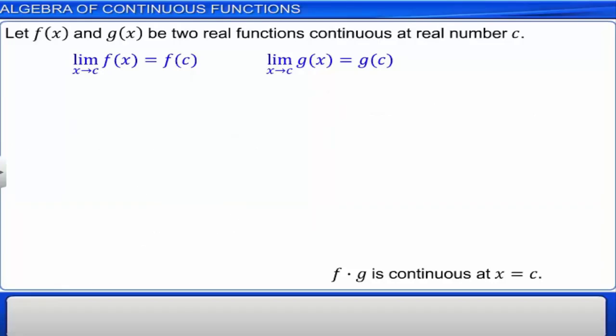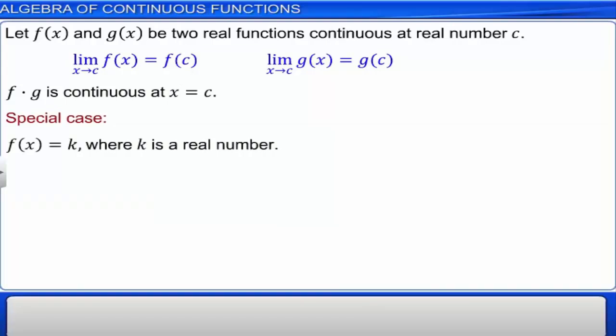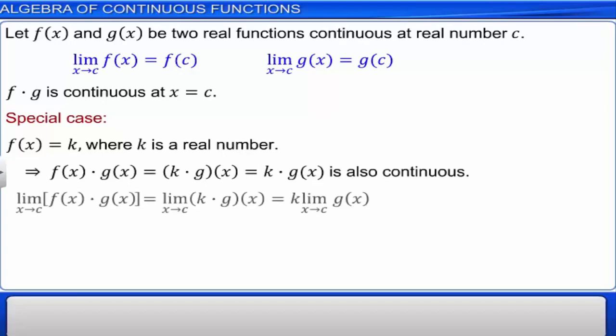If function f is a constant function and is equal to k for some real number k, then the product of functions f of x and g of x is equal to k into g of x. Since k is a constant and g of x is a continuous function, their product is also continuous.